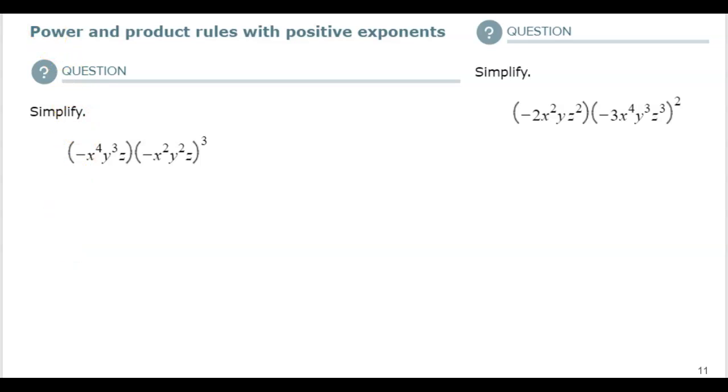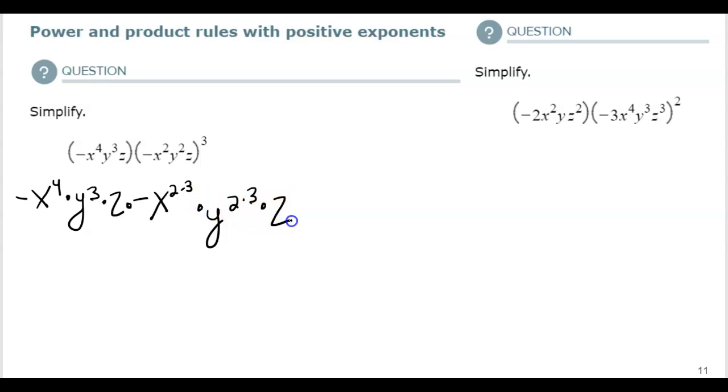Okay, these are similar in the sense I distribute this negative 3, 2 times 3, 2 times 3, z is 1 times 3. And I get a 6, 6.